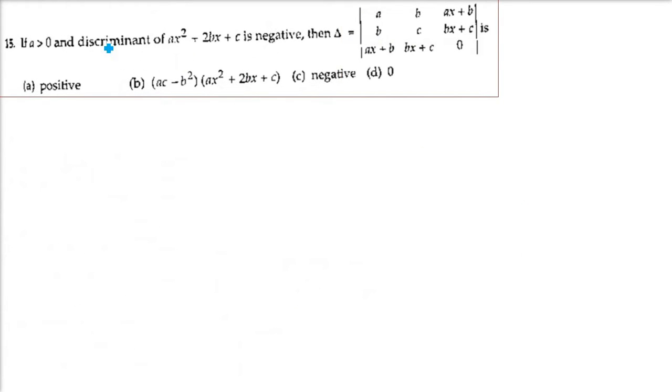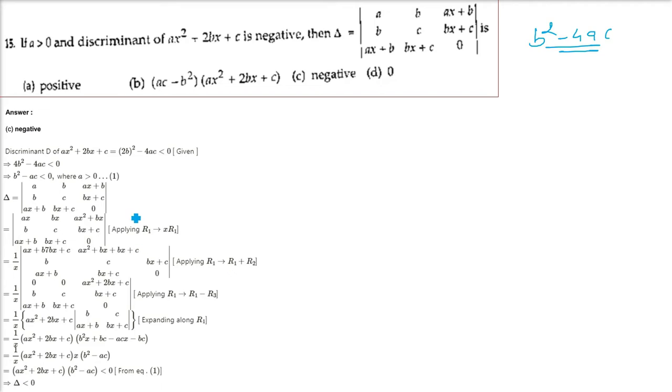If a is greater than 0, this is very important because this is going to be used in the answer. The discriminant of ax square plus 2bx plus c is negative. The discriminant is b square minus 4ac. Okay, this is negative. So remember b square minus 4ac is less than 0.